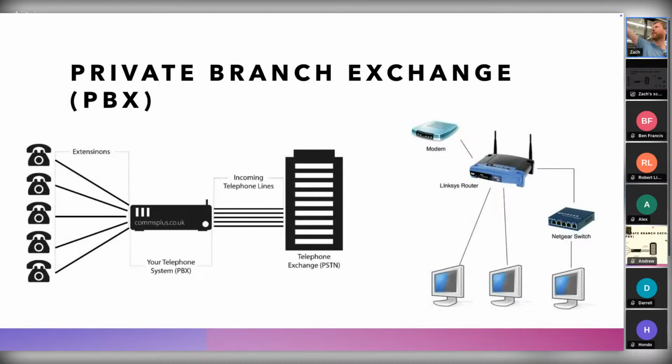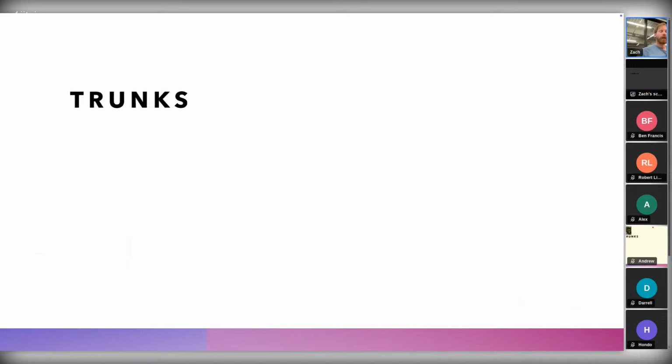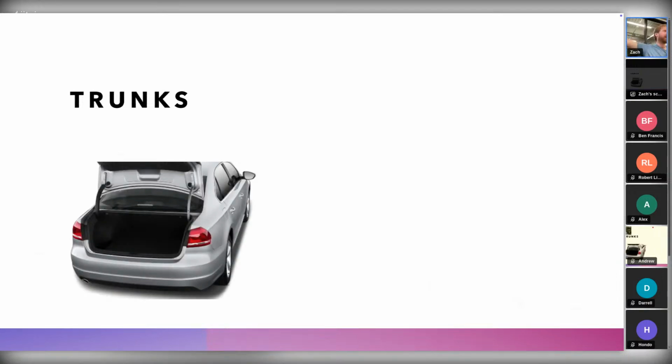So the incoming phone lines over here, the connection from your telephone system to the telephone exchange, that is called the trunk. And when I was a kid, I thought it meant this. I thought it was the trunk of your car. I'd heard of people who used GitHub and other source control. Before it was master, they called it trunk, and now they call it main.